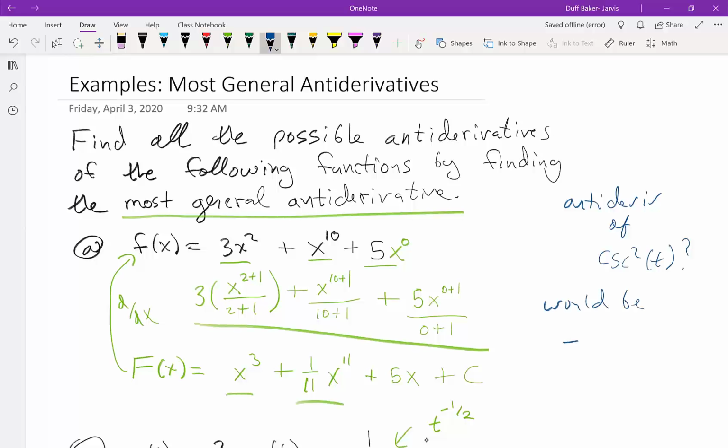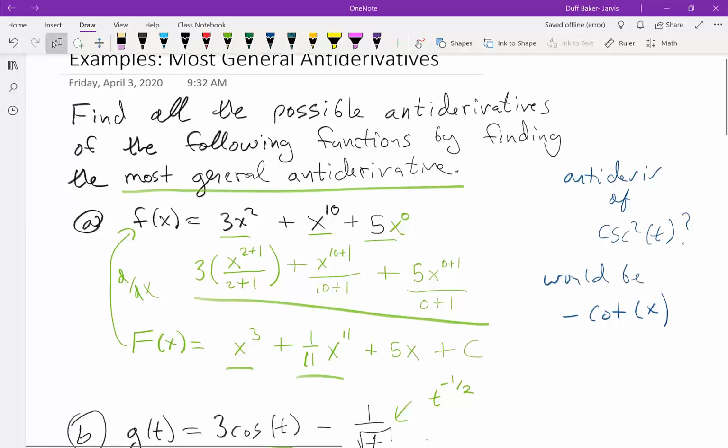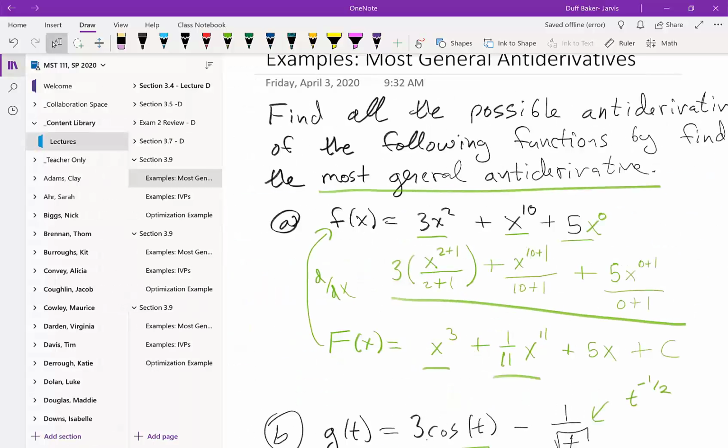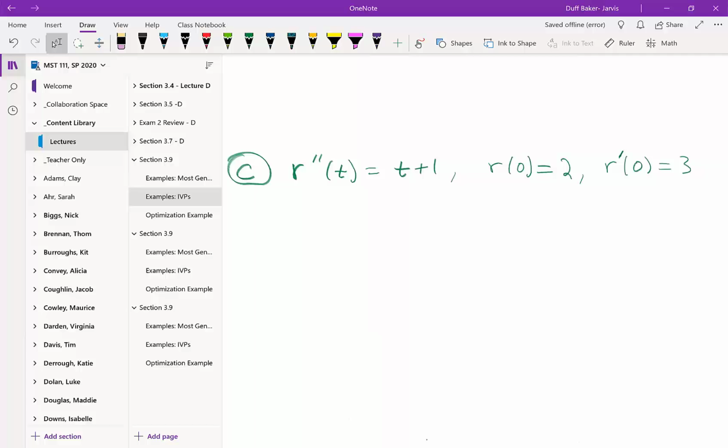So you can read it backwards. If you know the derivative rules, they give you the antiderivative rules as well. You just read them backwards. Okay. So any questions about this most general antiderivative business?